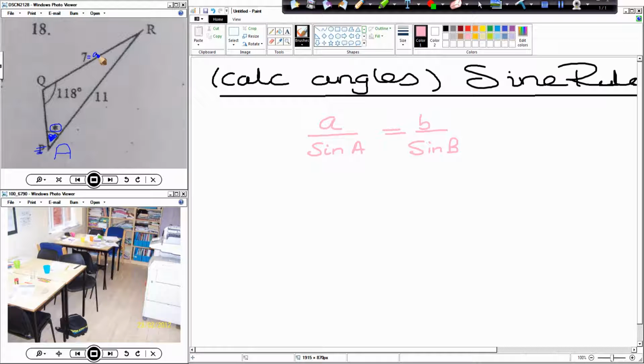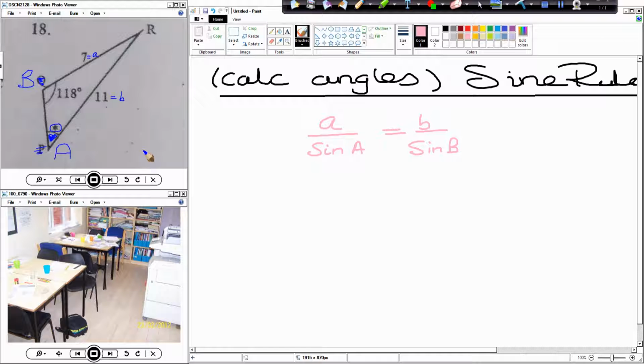Now this is the other angle and side combination that we have. I'm going to call the Q my big B, and its corresponding length I'm going to call little b. And that's really as much as we need for our labeling and diagram.